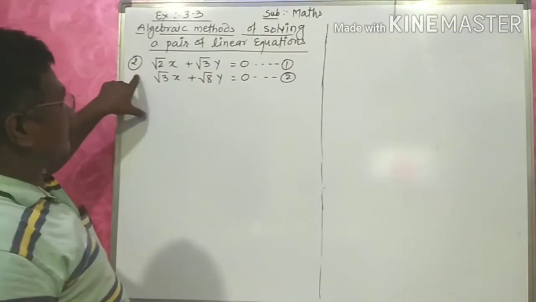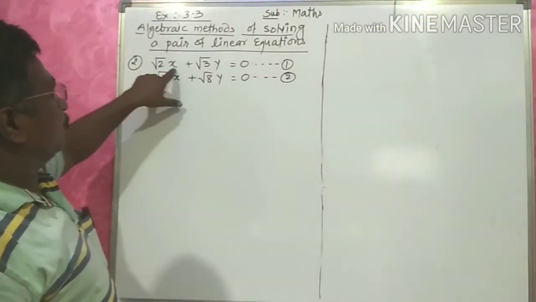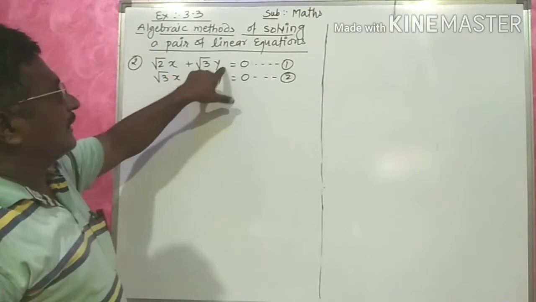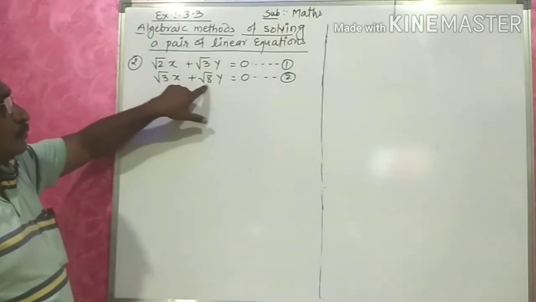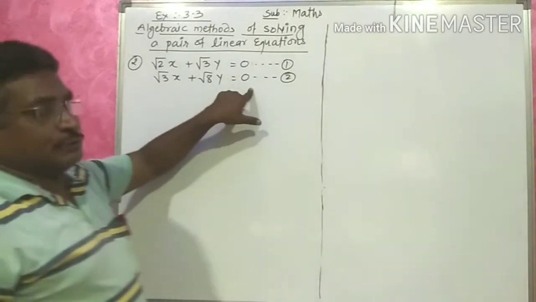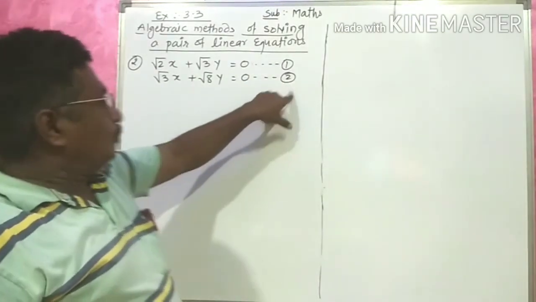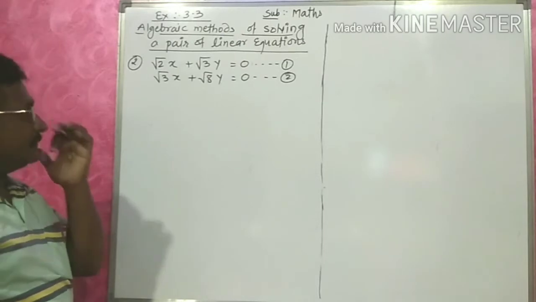Now see, students, the second question: root 2 x plus root 3 y equals 0, and root 3 x plus root 8 y equals 0, which is equation 2. These two equations are given.